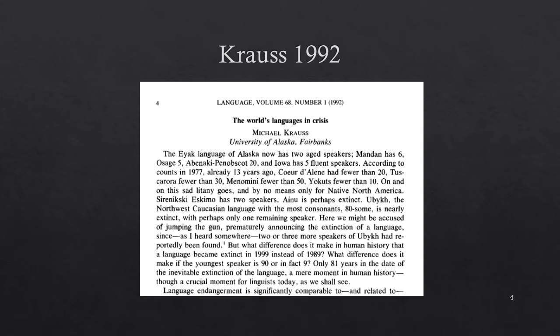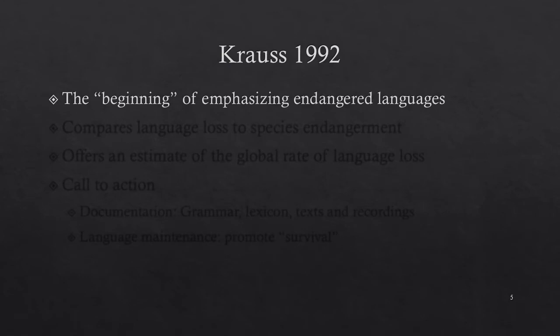The first reading is from 1992, from Krauss. This was a short article published in Language, the Journal of the Linguistic Society of America. This article is often considered the beginning of the current modern emphasis on endangered languages.